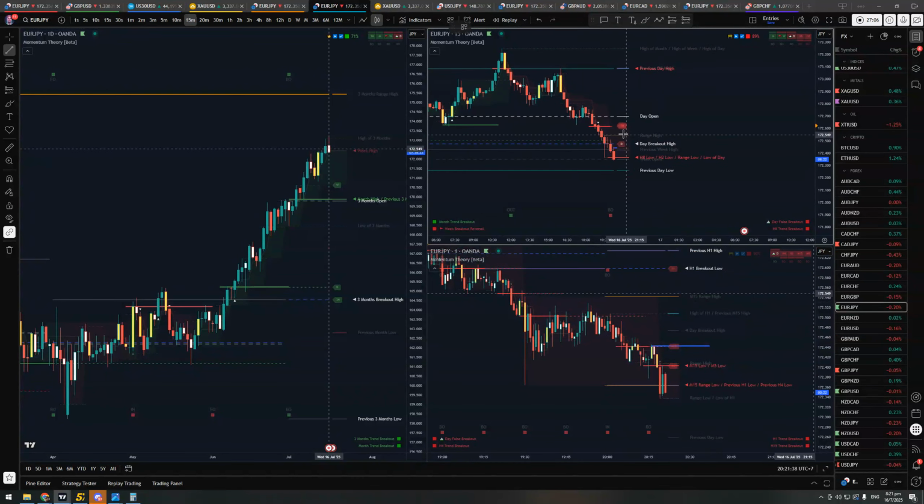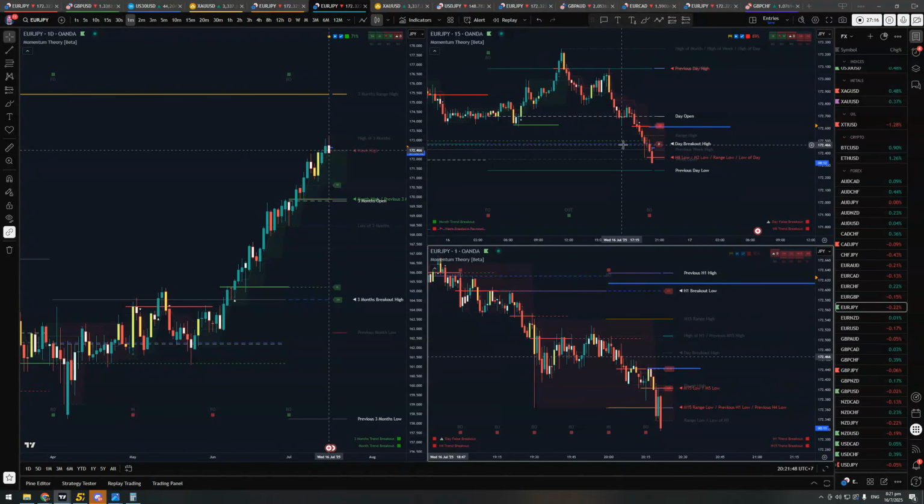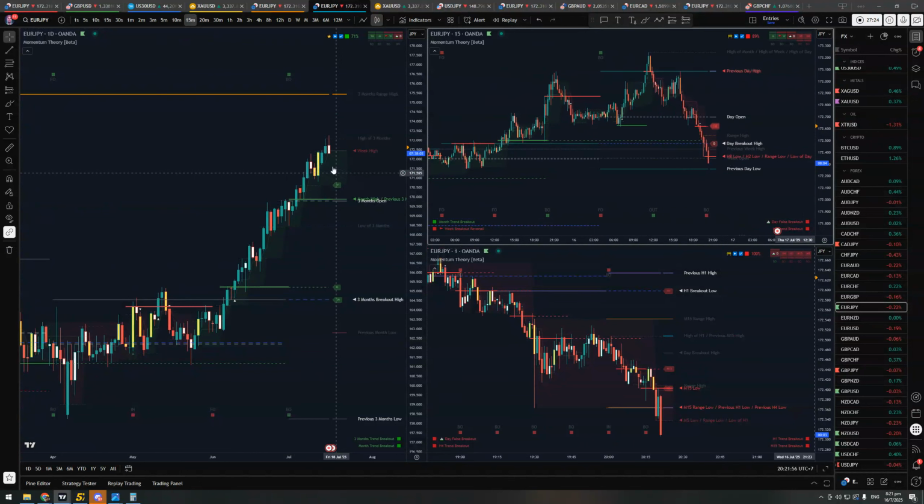H8 breakout level is up high. This is the entry, but if it can get back above here, then this could be an early entry, but this is below daily breakout level, so a little bit too aggressive for my taste, unless we fake out the previous day low. If we do that, then I'll look for a more aggressive entry. Let's see what happens here.